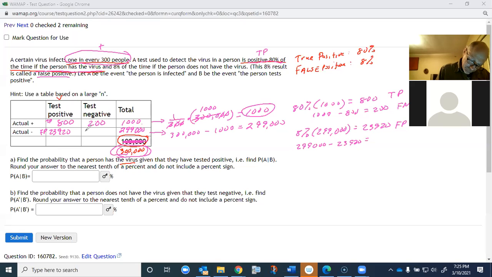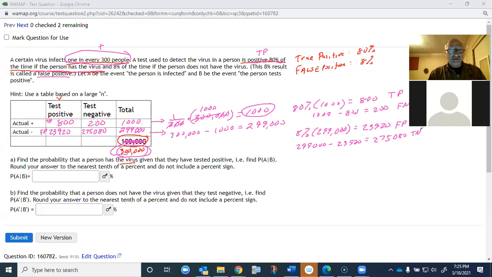That's right. 275,080 and 23,920 is 299,000. Okay, so that checks. And those are your true negatives, right? Those are your true negatives.